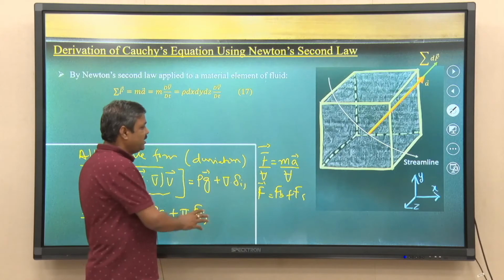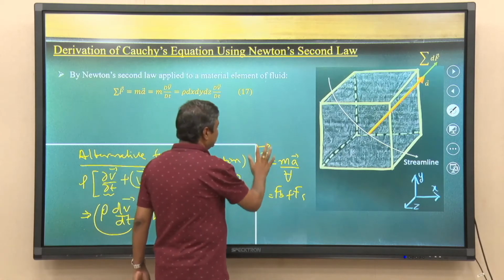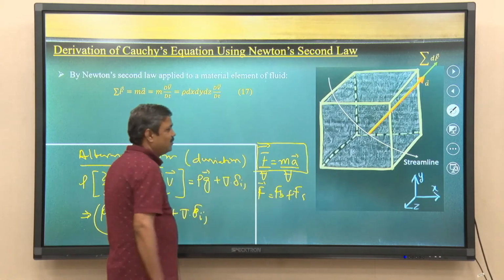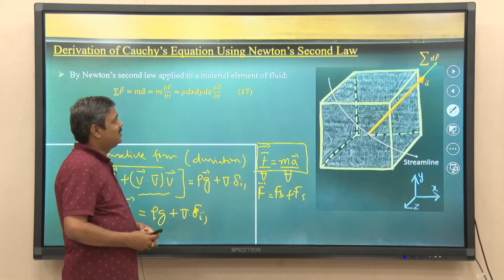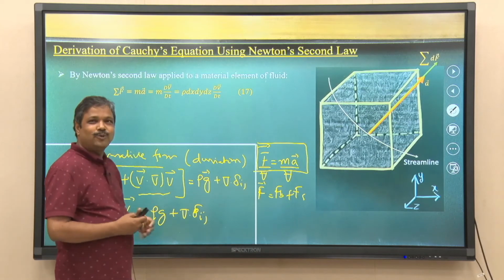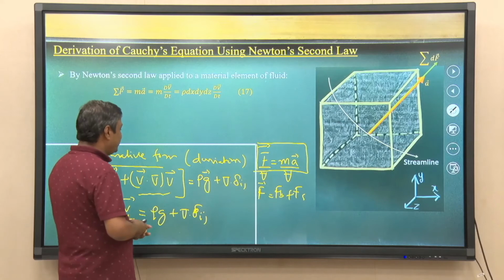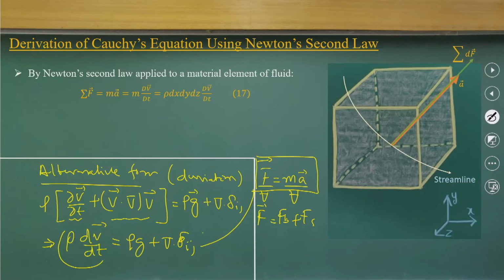So, this is very easy, the same great equation of Newton's second law, force is equal to mass into acceleration, only we have a change of format. For a control volume, we are writing this form, which has two force components, the body force and the surface force component, and the acceleration part. That is what we are deriving.